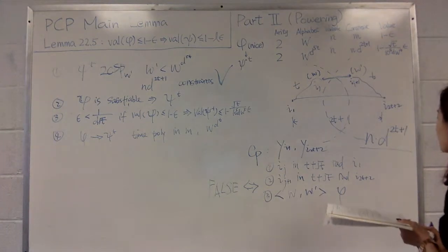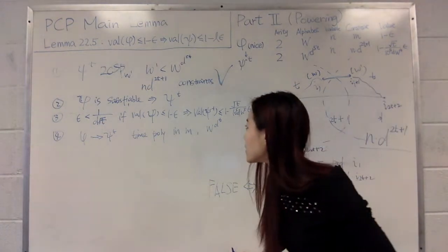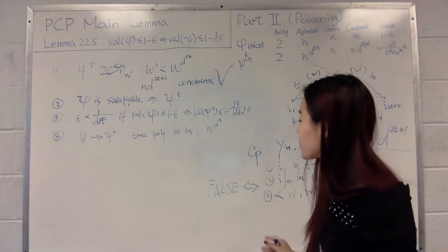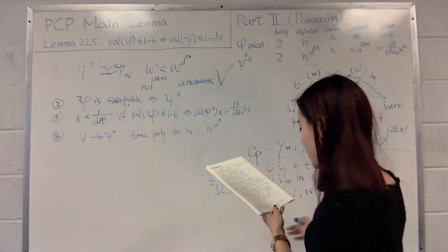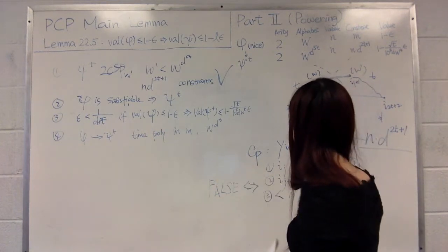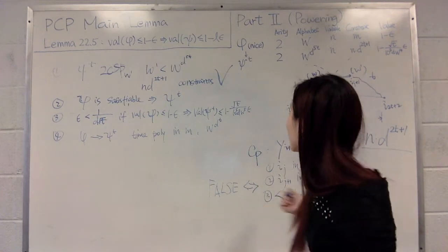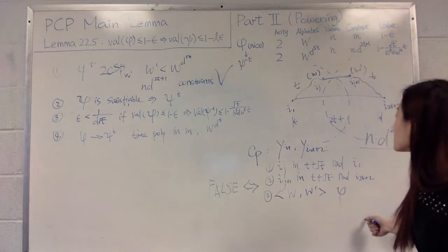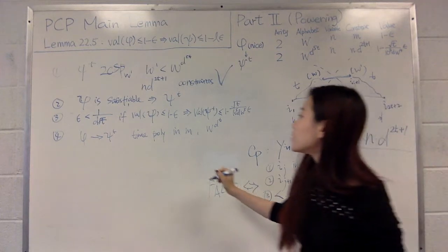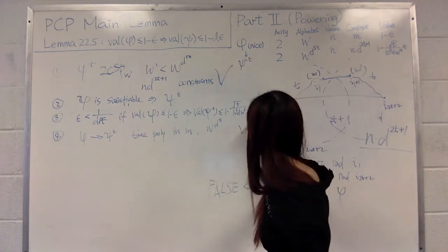From this point, you can see that it is trivial that it can be produced in polynomial time in W to the D over t. So it is trivial that it satisfies property four.